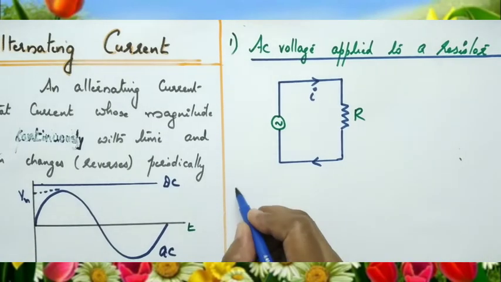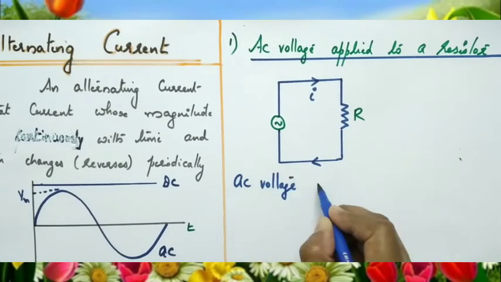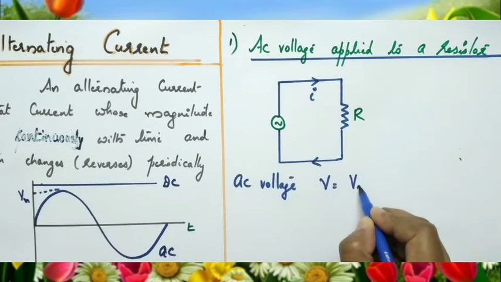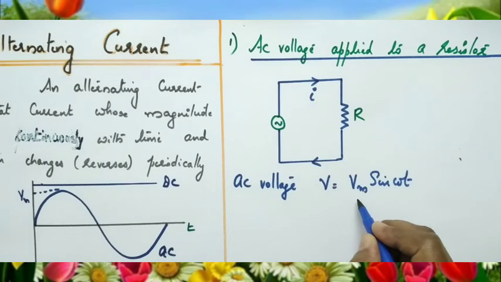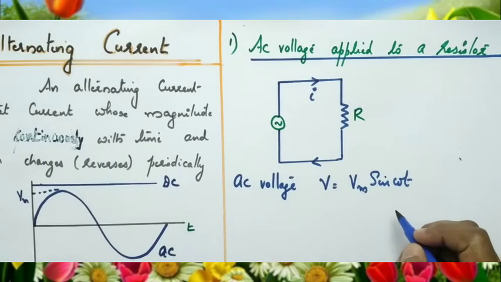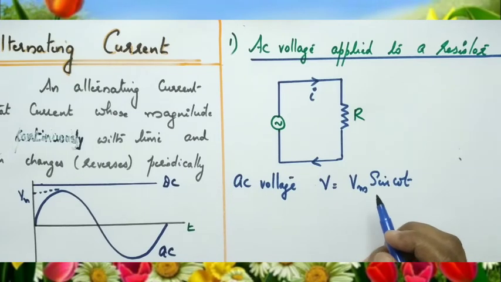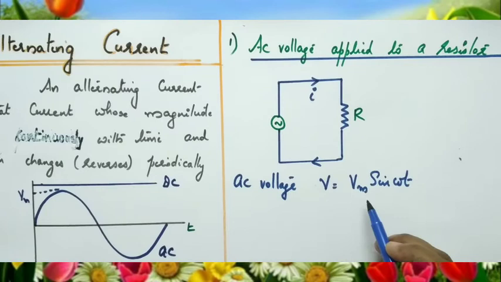AC voltage is given by V equal to Vm sin omega t, where Vm represents the peak value and omega t represents the phase. Either Vm or V0 is used.